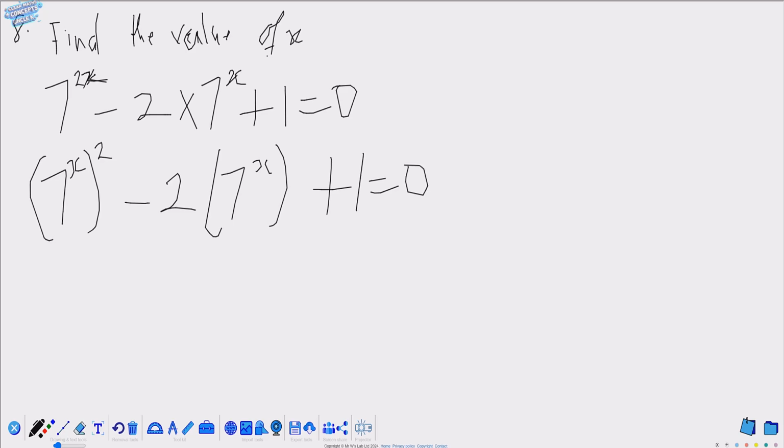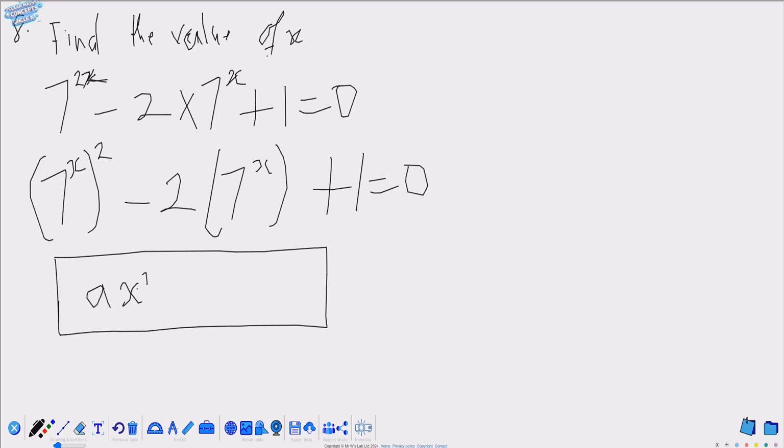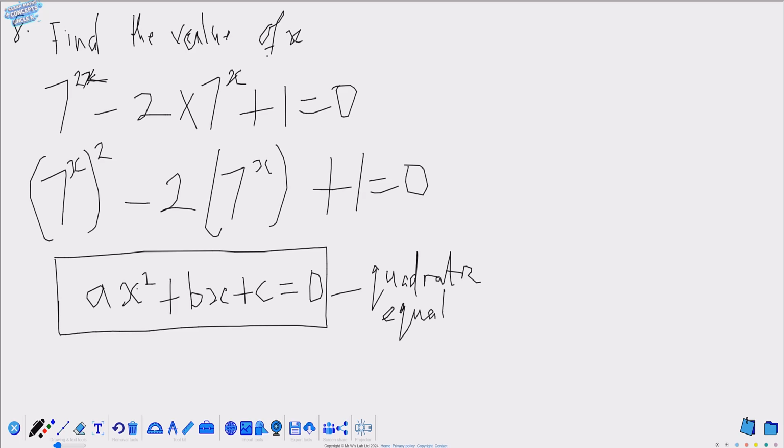Now if you look at this, it looks like ax squared plus bx plus c equals 0, which is a quadratic equation, right? So what you do is you say let 7 raised to power x equal a constant. Let's say p.